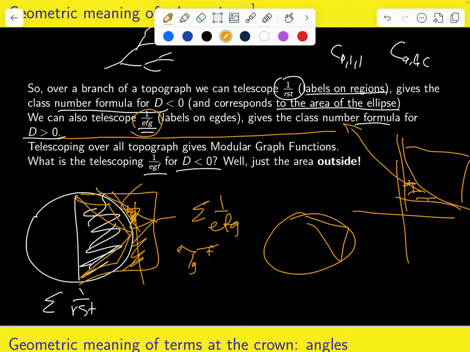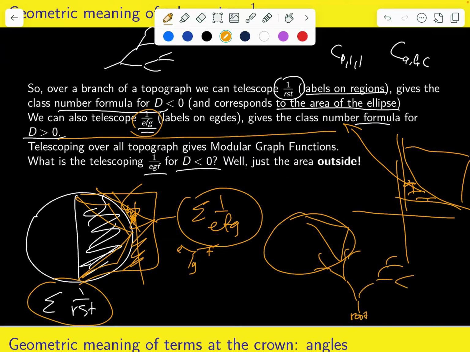And finally, to answer the question of Ernesto, why we have pi, just a computational question. Let's say we have a quadratic form and this topograph, and we want to telescope this sum or this sum. How to compute it? As you remember, we have summands corresponding to the root, and summands corresponding to the crown of this tree.